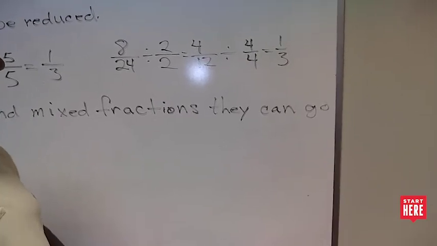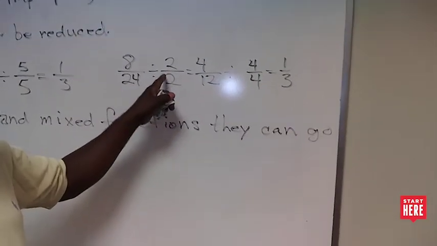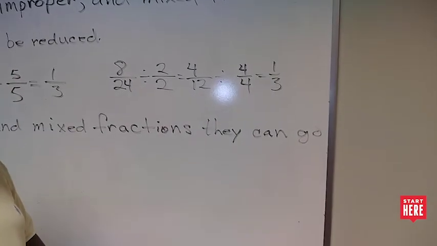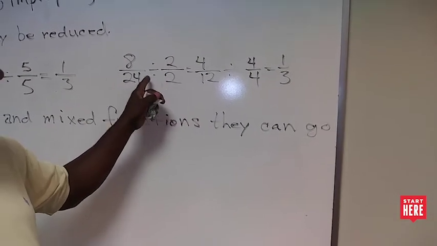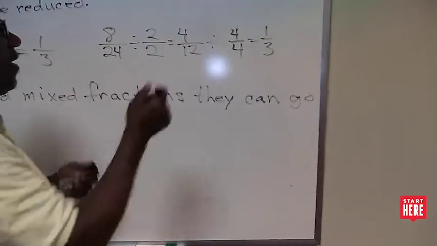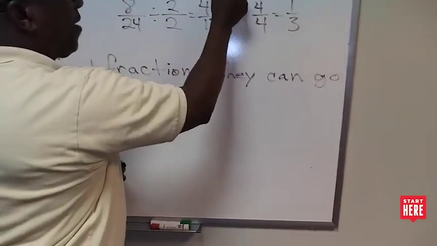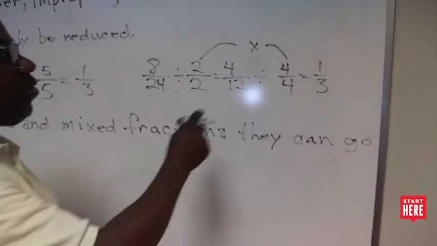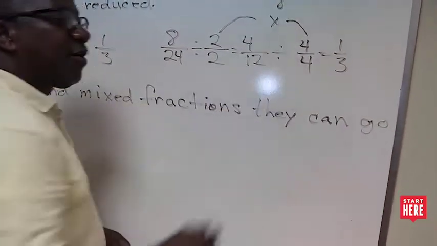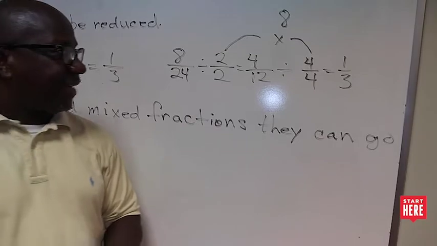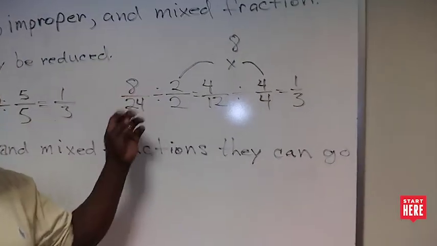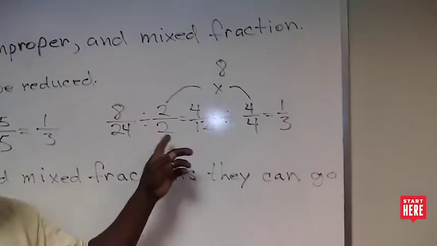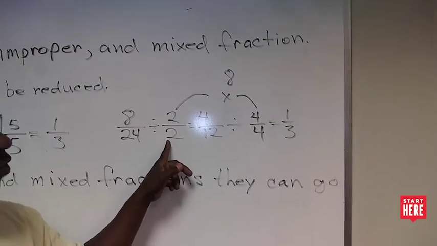So, in essence, I started with 2, then I started with 4. So, actually, I reduced this 8/24. I can multiply these two numbers. 2 times 4 is 8. Remember, I started and I said 8 and 24 are both reducible by 8, and you see that because we reduced by 2 here.